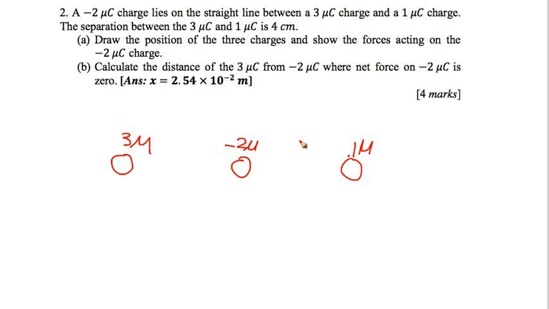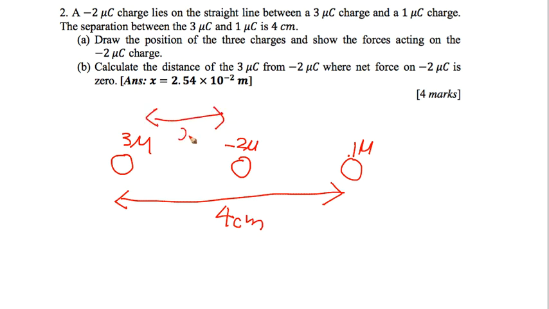The distance from 3 to 1 microcoulomb is 4 cm. Let's say this distance is x. So the distance between the negative 2 microcoulomb charge and the 1 microcoulomb charge is 4 minus x. The question is to calculate the value of x.